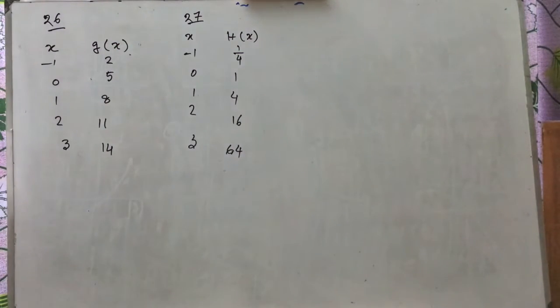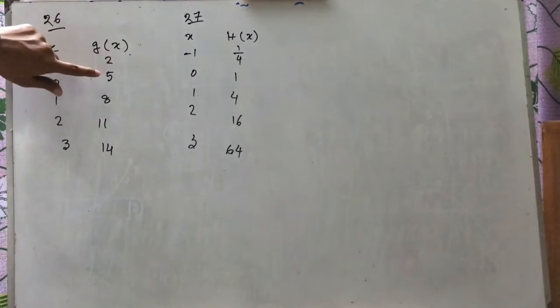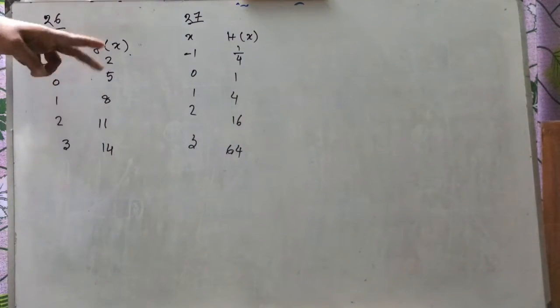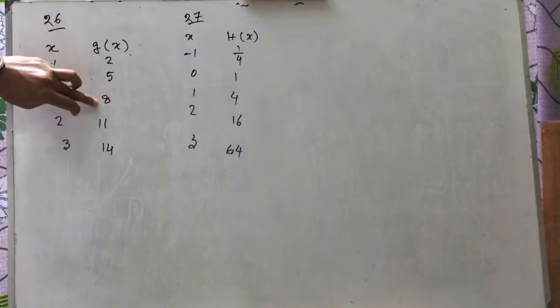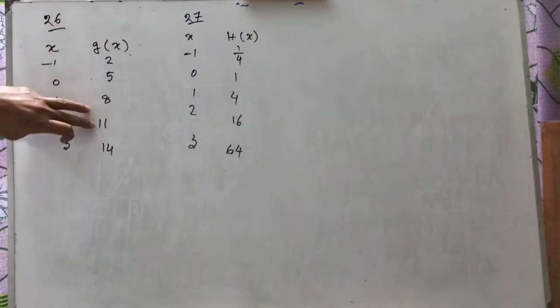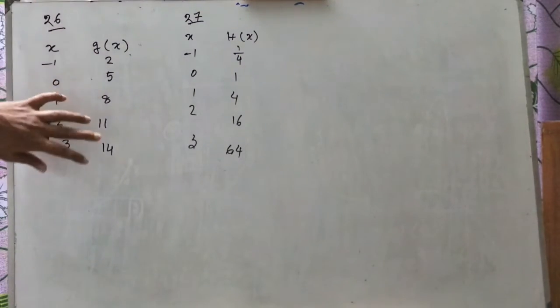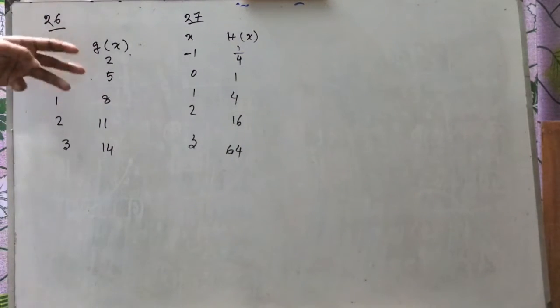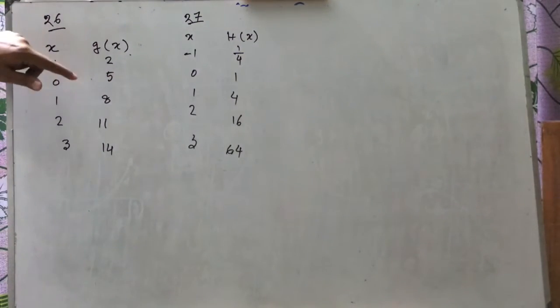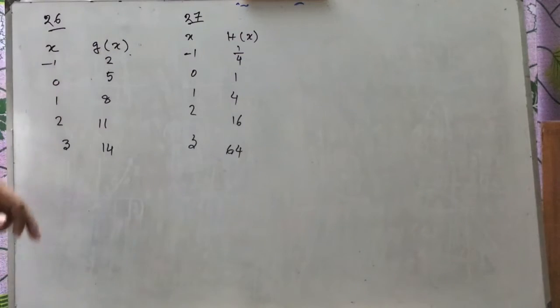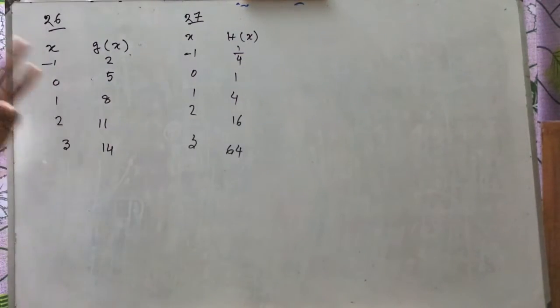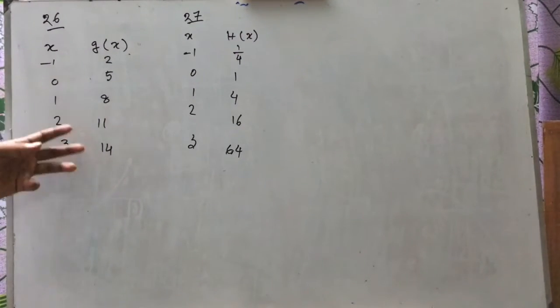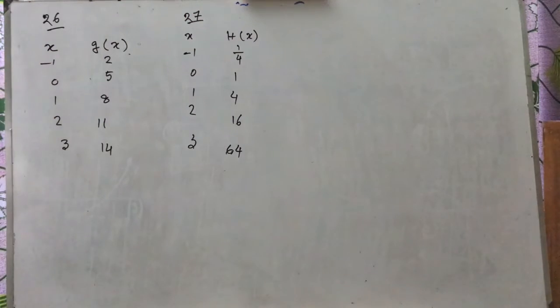Now the main rule: if we have the values, look at the difference. 5 minus 2 equals 3. Then 8 minus 5 equals 3. 11 minus 8 equals 3. 14 minus 11 equals 3. So when you subtract every consecutive number, if the difference is a constant number, then this data is linear.